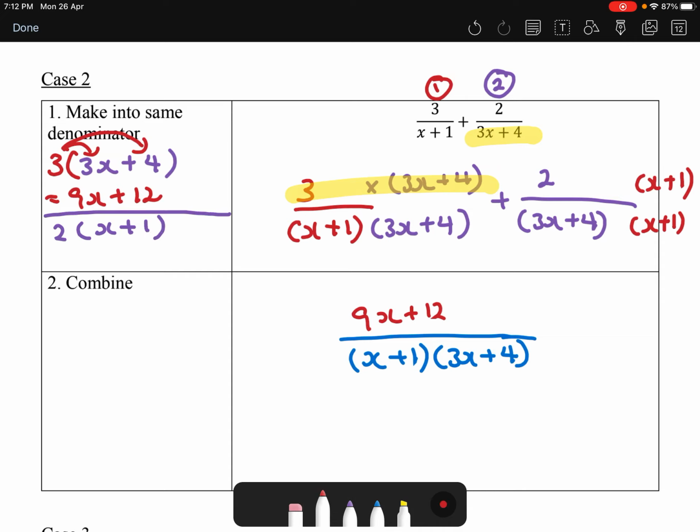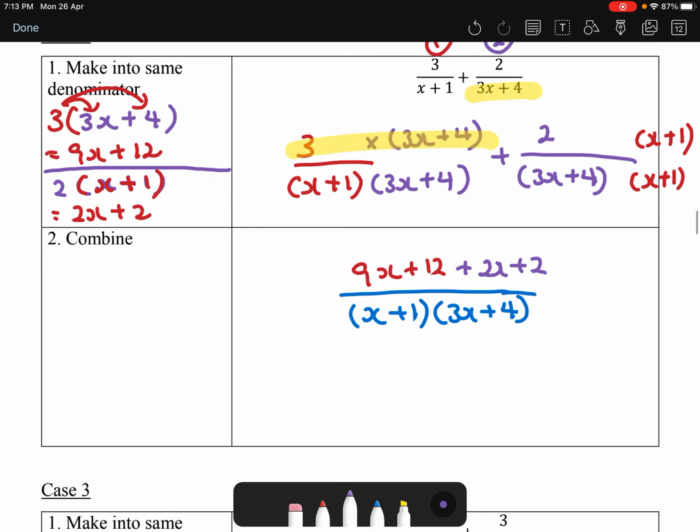Then you do your rainbow method, you should get 2x plus 2. So you write 2x plus 2 here. Now we are good. We simplify the top. So 9x plus 2x is equal to 11x, plus 12, then plus 2 is equal to 14.